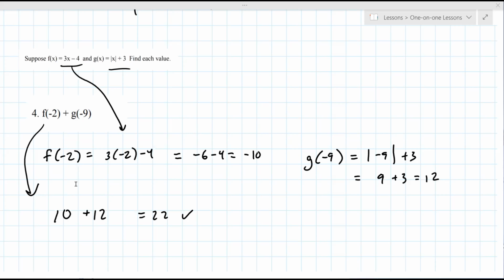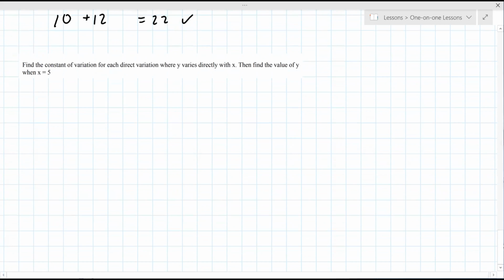I don't remember what constant of variation means. Sure. It's going to be much clearer after I explain it. Direct variation is the equation of a line that goes through the origin. And you might think, well, maybe that doesn't sound any more complicated.